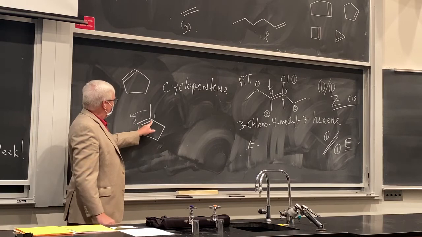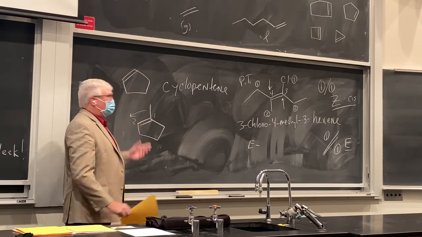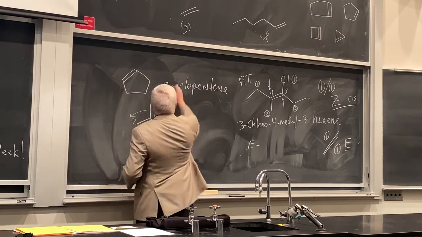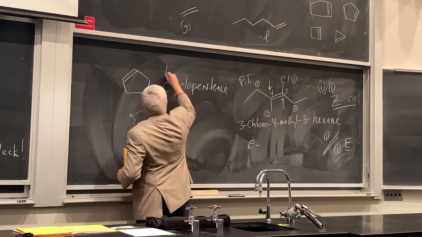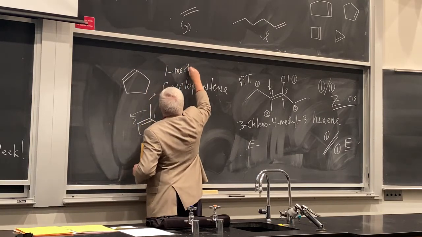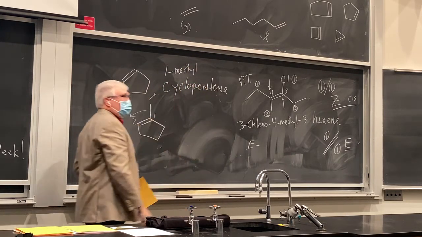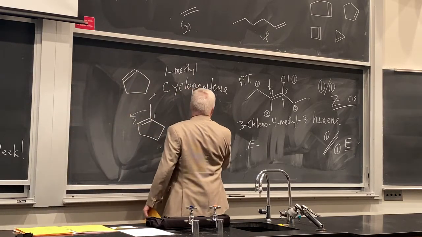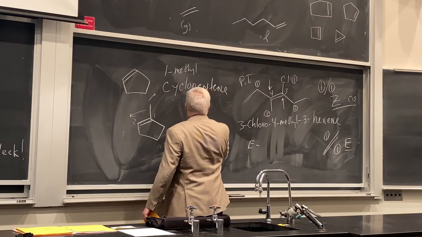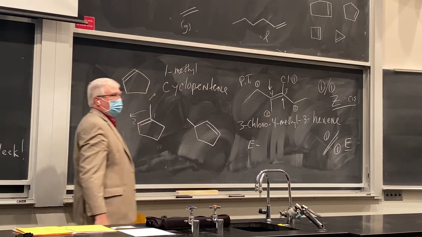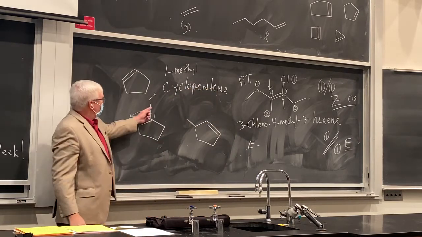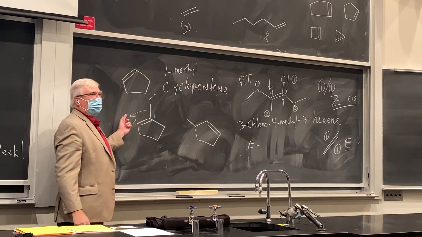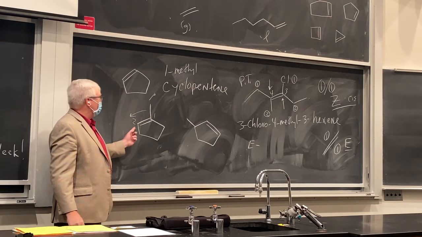Why isn't this the 2 and that the 1? Well, it's the lowest possible numbering. So this is what? Simply 1-methyl cyclopentene, okay? What about this one? Let's just move the methyl over. We already said if the methyl is over here on this position, that would also be 1-methyl cyclopentene.